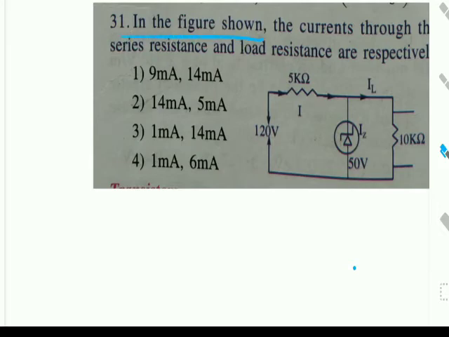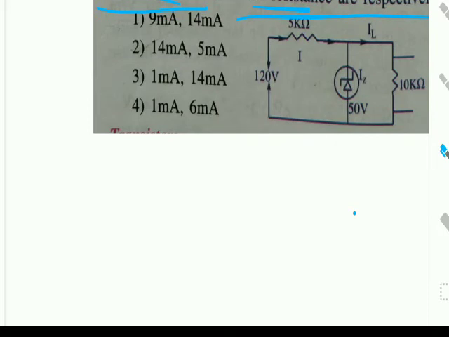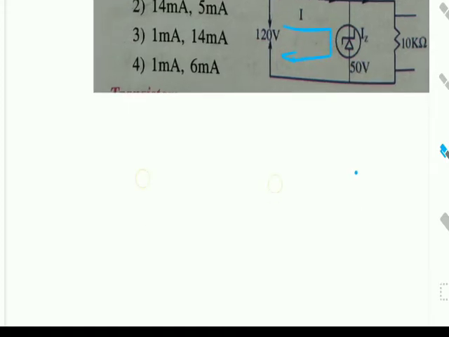In the figure shown, the current through the series resistance and load resistance are respectively. He is asking how much current is passing through the series resistance and load resistance. So see this diagram. First, we apply Kirchhoff's voltage law.